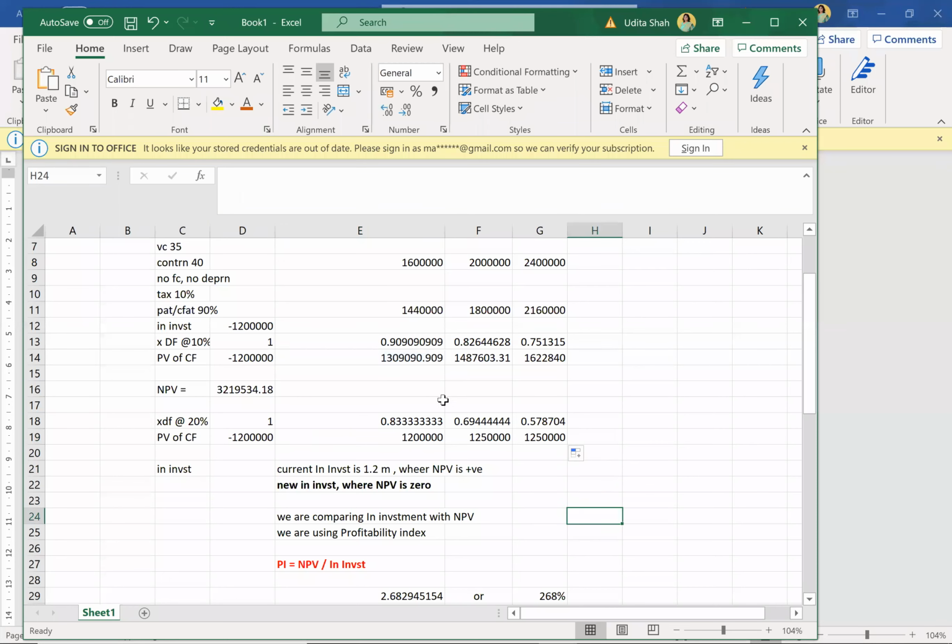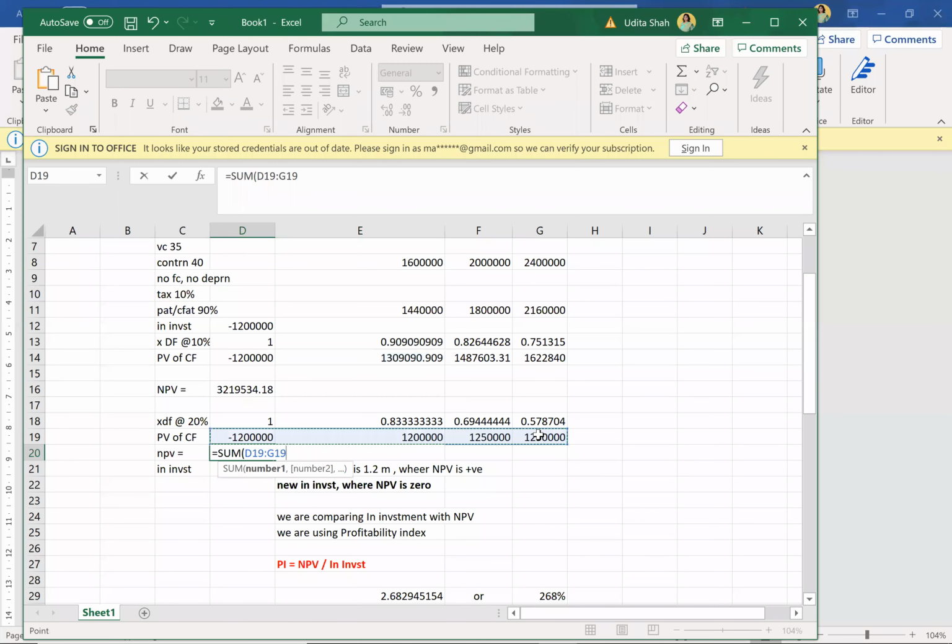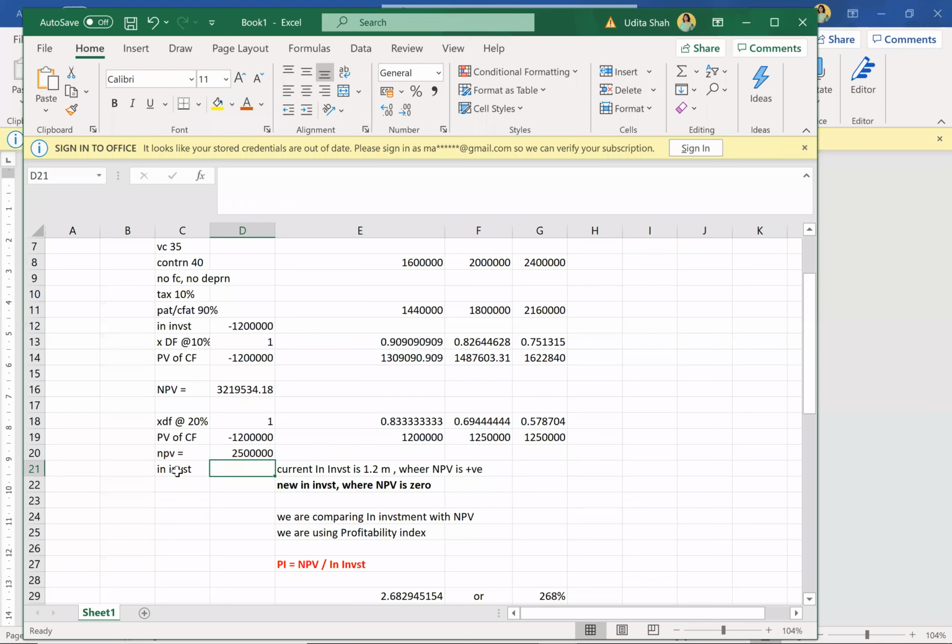Okay. Still NPV is what? NPV is still positive. NPV equal to, correct.